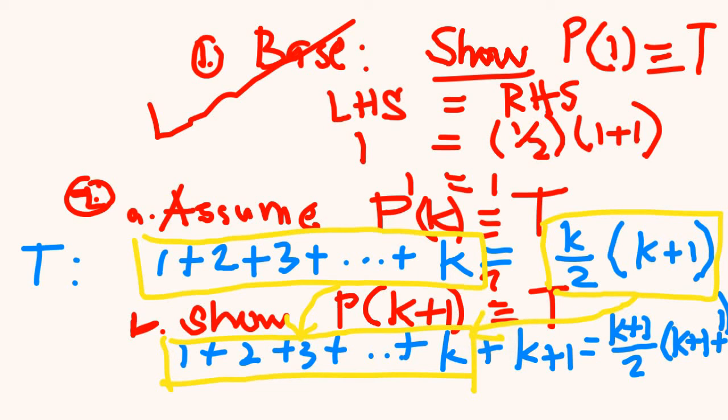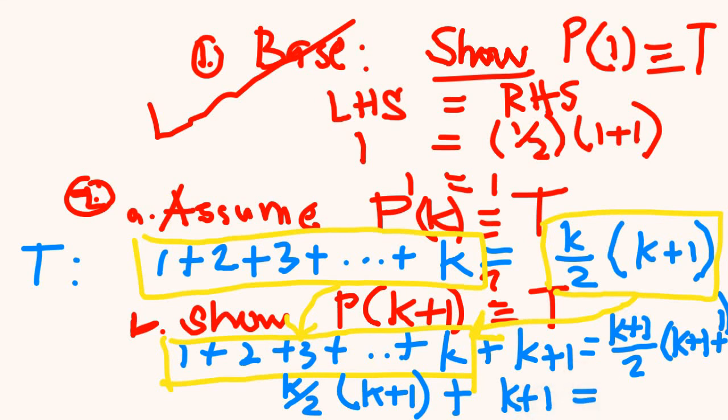This is the usual pattern in an induction. Now, after substituting, it's simplification. Substitute first, then we have k over 2 times k plus 1, plus k plus 1, is equal to the right hand side.